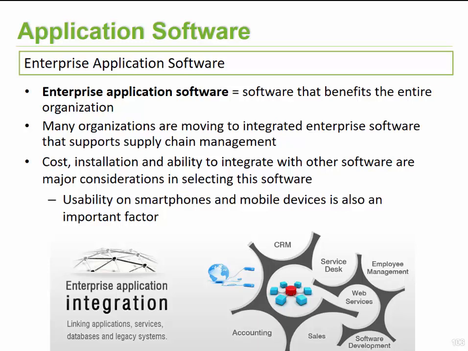So everything from inbound logistics to storage, warehousing, marketing, outbound logistics, all of that would be contained within the software. Whenever you buy enterprise software, you need to think about the cost and the installation, and then the ability to integrate with other software in your company. So it's not a very easy process. You need to make sure that everything is going to work and that it's going to run smoothly.